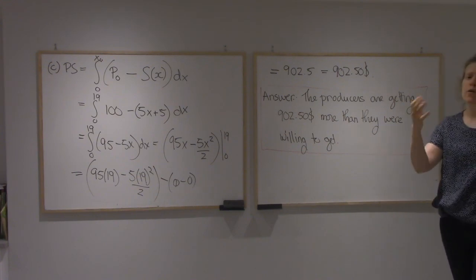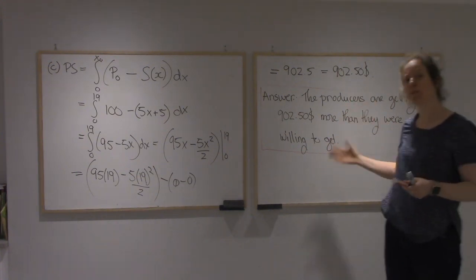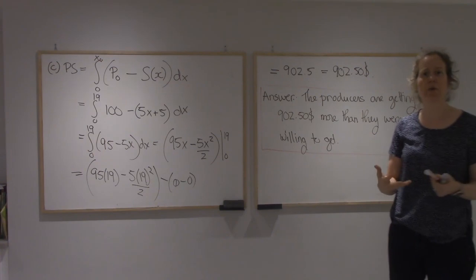Right, so it's important to know the formula, it's important to know how to compute it, but it's also important to know how to phrase it in a way that's correct.